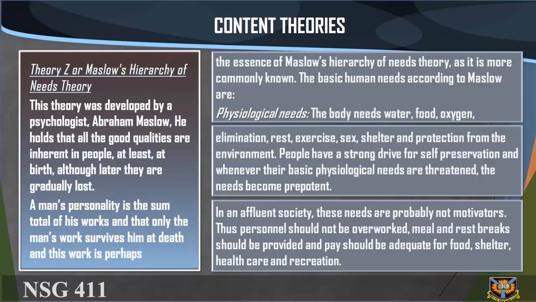People have a strong drive for self-preservation, and whenever their basic physiological needs are threatened, the needs become prepotent. In an affluent society, these needs are probably not motivators. Thus, personnel should not be overworked, meal and rest breaks should be provided, and pay should be adequate for food, shelter, healthcare, and recreation.